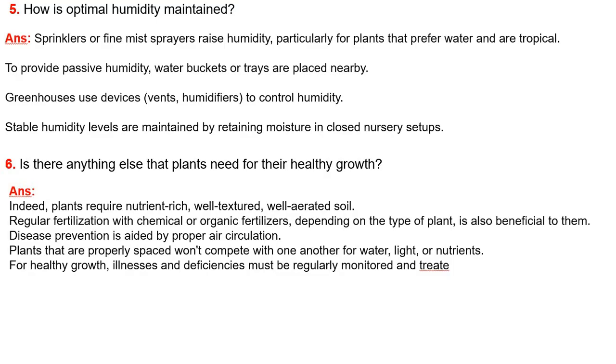Disease prevention is aided by proper air circulation. Plants that are properly spaced won't compete with one another for water, light or nutrients. For healthy growth, illnesses and deficiencies must be regularly monitored and treated.